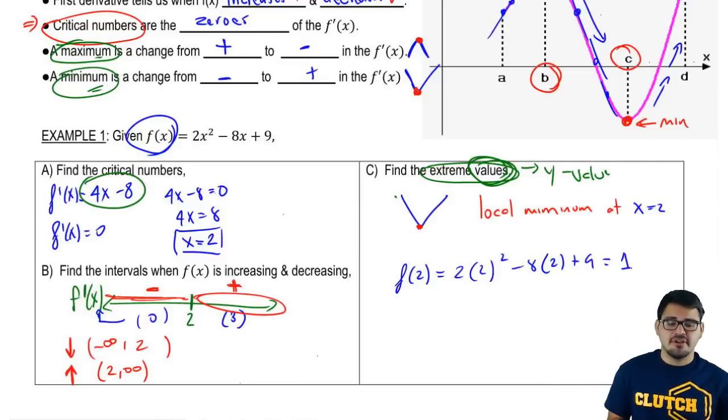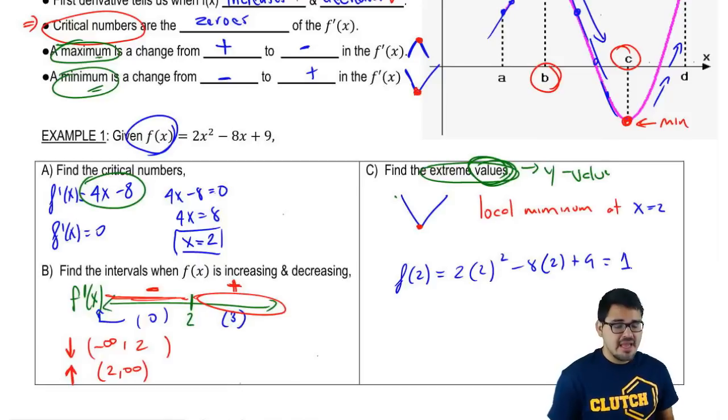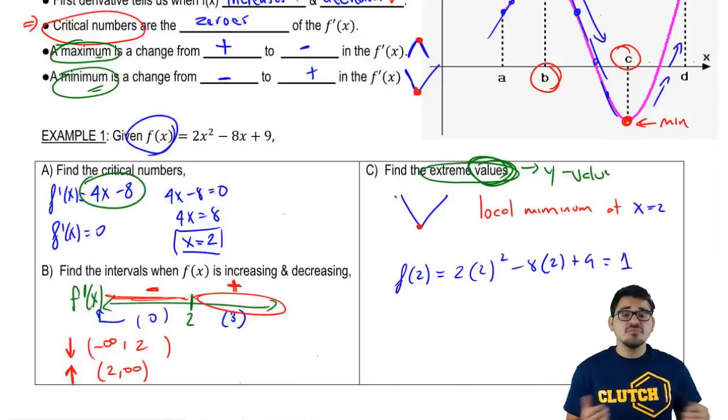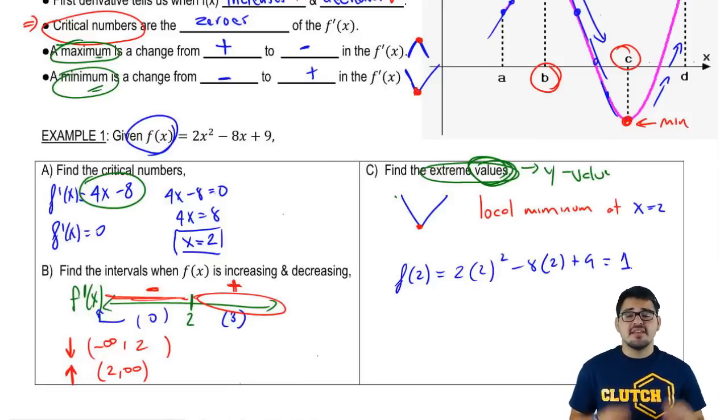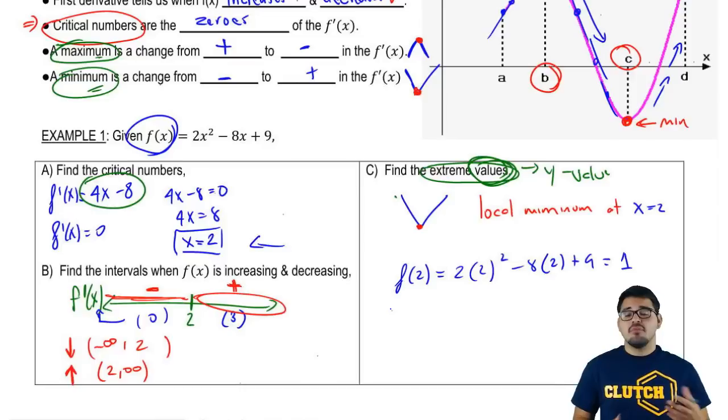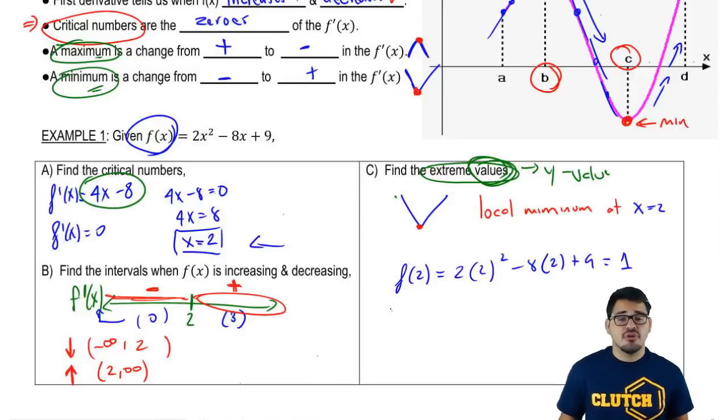So just a quick recap before we run into another type of problem: we first take the derivative of our function, and then we set it equal to 0, which we did over here. After we set it equal to 0, we get a critical number. It can be 1, it can be 2, it can be 100 critical numbers.